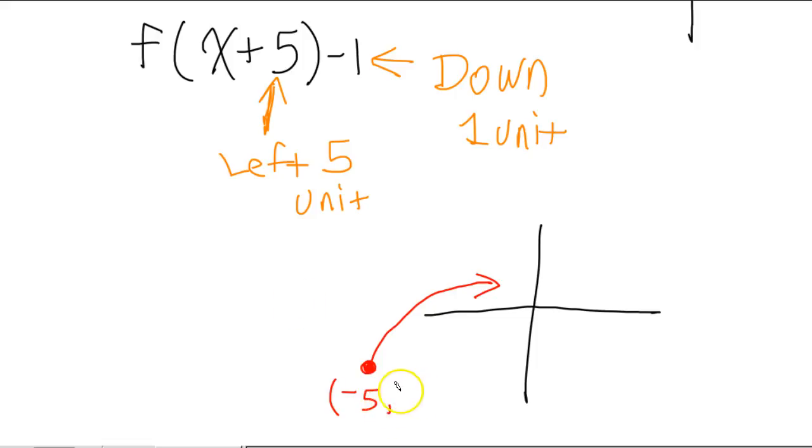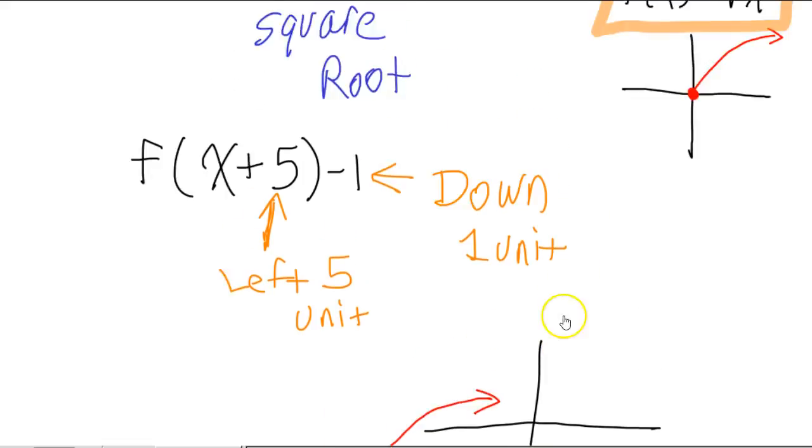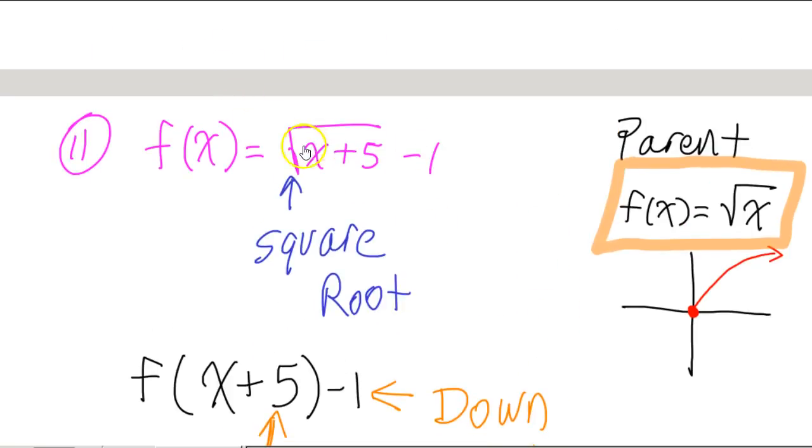-5, -1. And if we needed to, we could find where the y-intercept is just by saying the y-intercept is where it's going to touch right there, which means x is 0. So if I plug in 0 for x, that's going to be square root of 0 + 5, then -1.